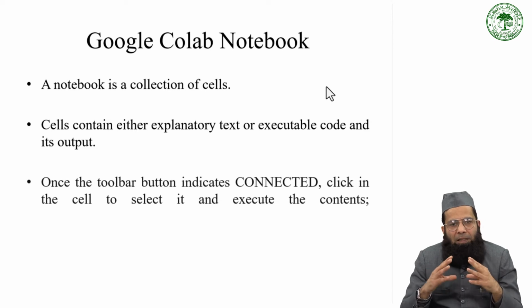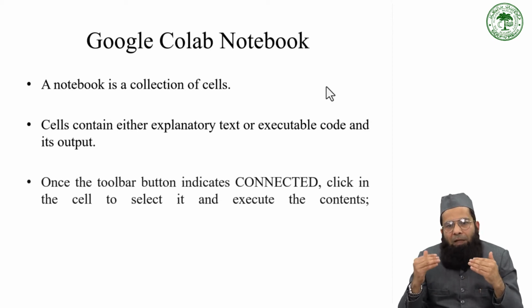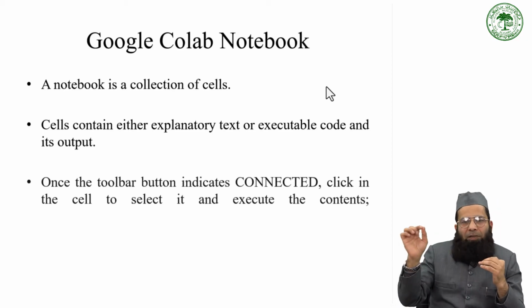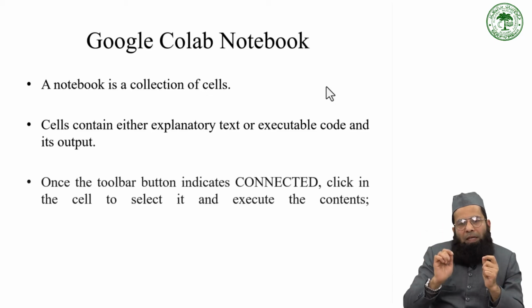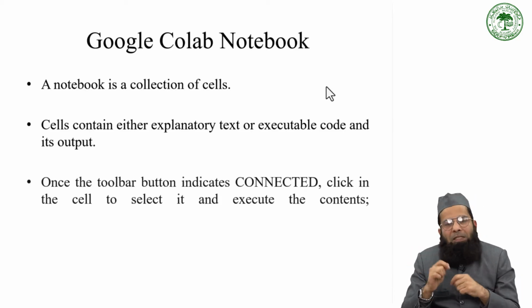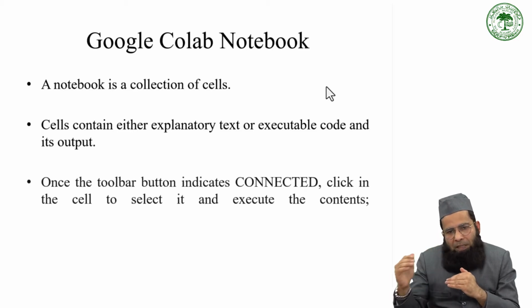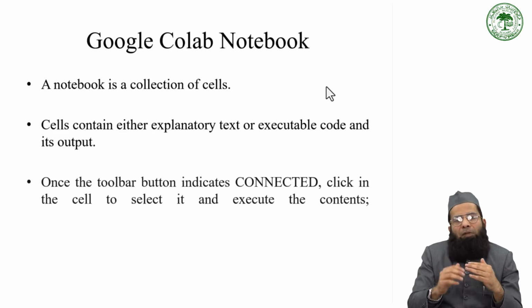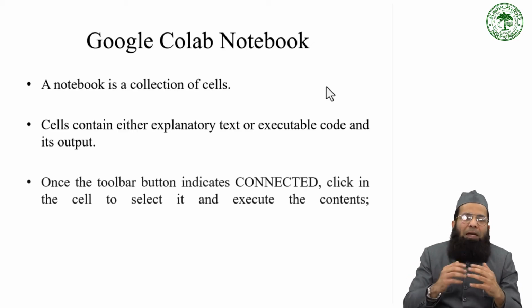So what is a cell? Cells contain either explanatory text, which means you can write certain instructions, or you could say certain comments that will be helpful to understand the code. So it provides you explanatory text or executable code and its output. So a cell contains these three: explanatory text or executable code, and once you execute your code, you will get the output.